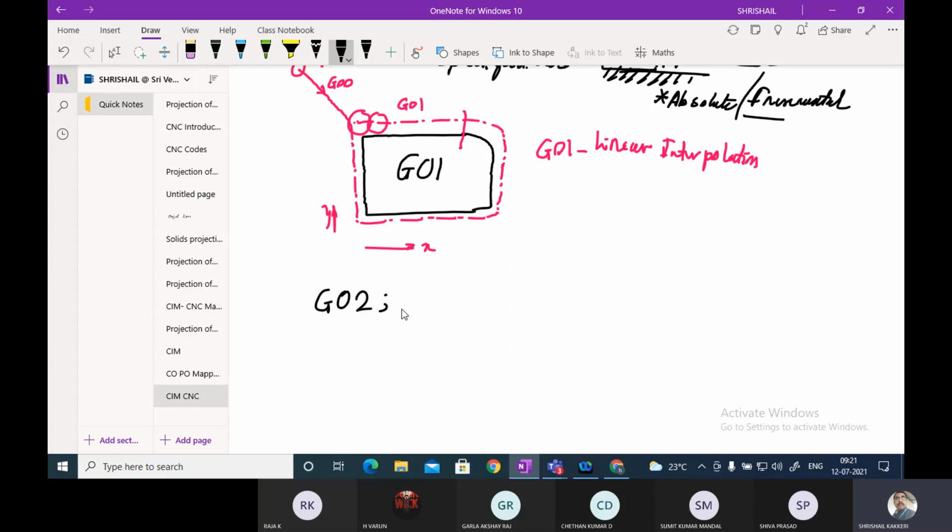And what is this G02? I told you to go through it. It is circular interpolation in clockwise direction, and G03 is circular interpolation in counterclockwise direction.